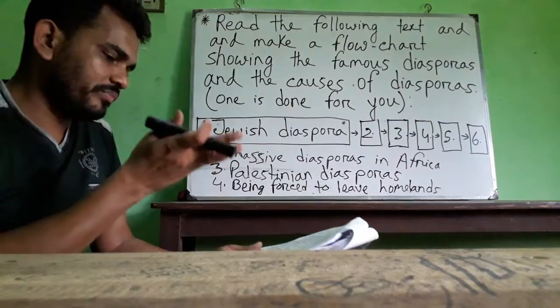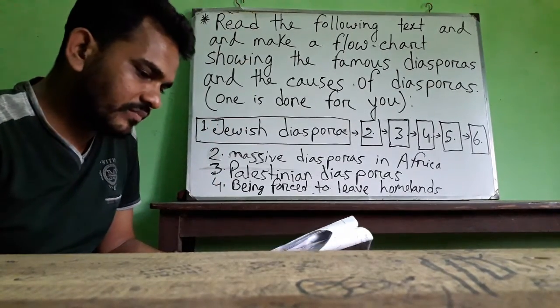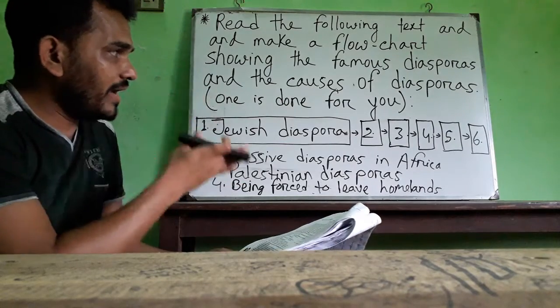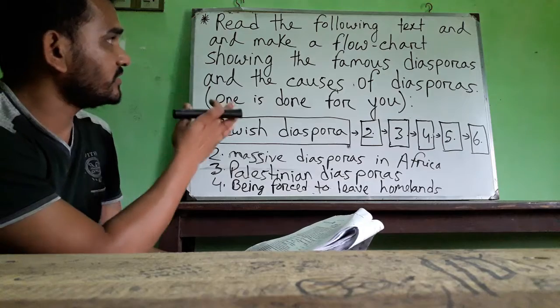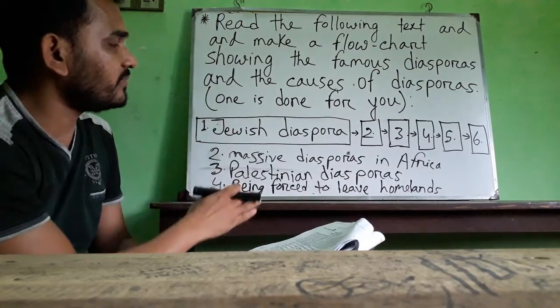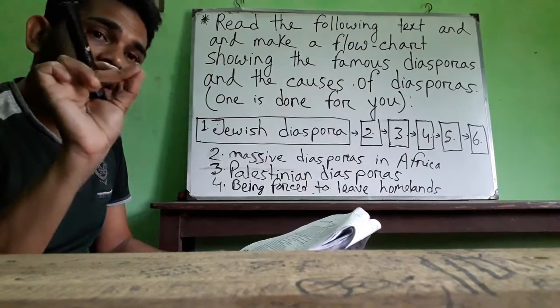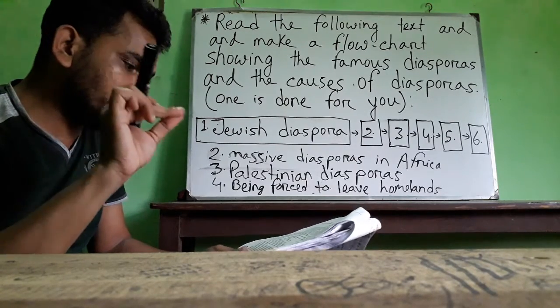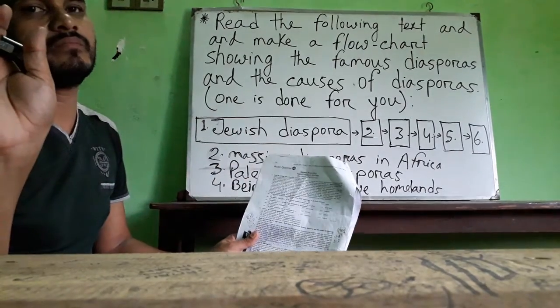So you look in the passage, you may show the cause of diaspora for box number 5: the movement of Aryans from Central Europe to the Indian subcontinent.